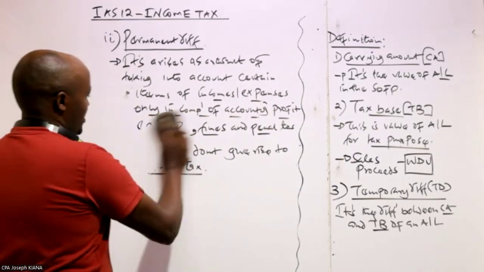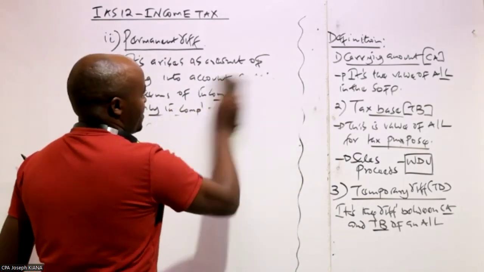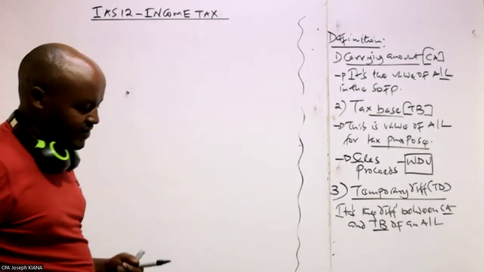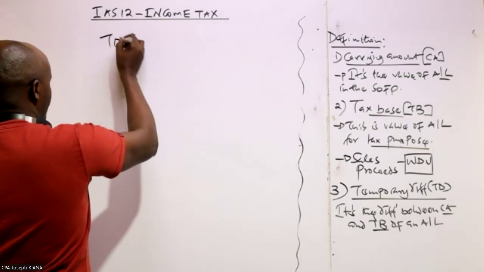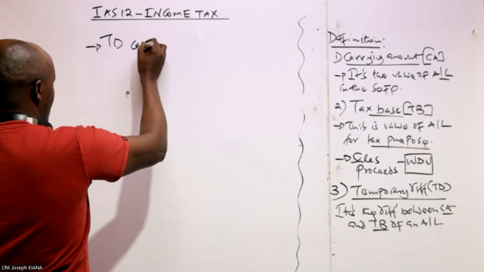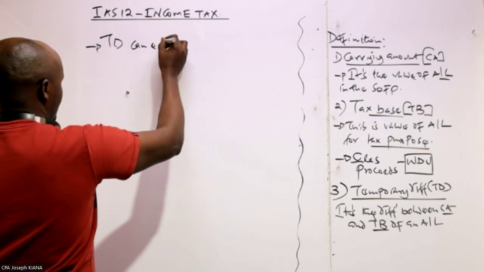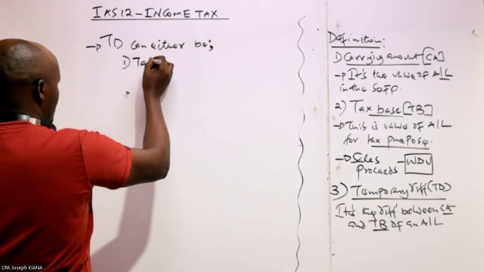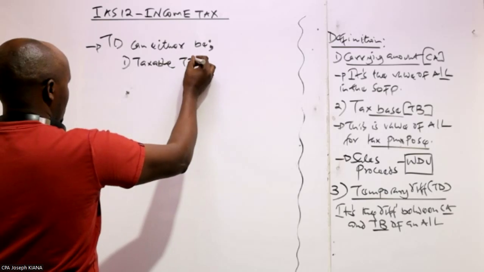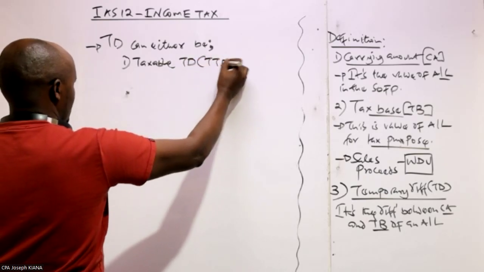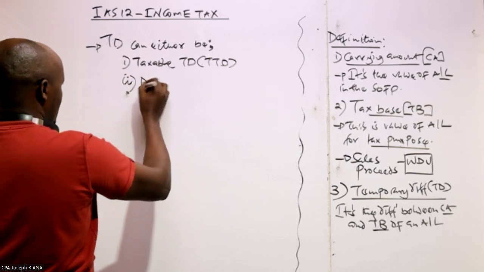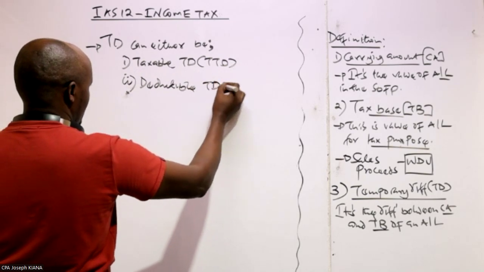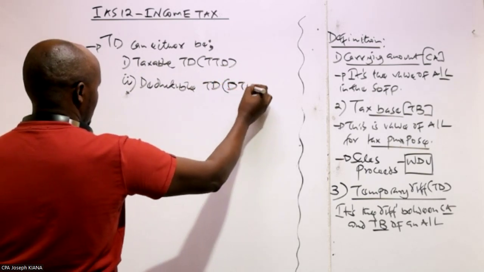Now, in this case, we have two types of temporary differences. A temporary difference, abbreviated as TD, can either be, number one, taxable temporary difference, abbreviated as TTD, and number two, the deductible temporary difference, abbreviated as DTD.